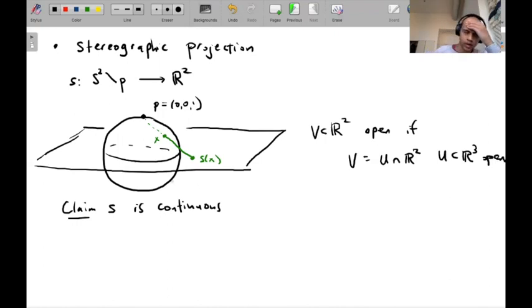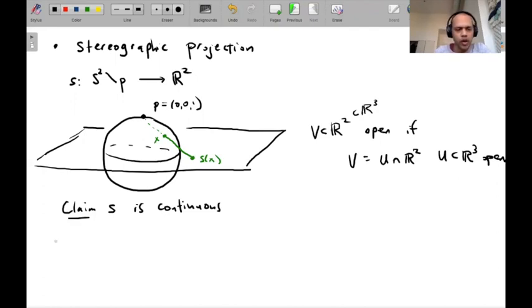Similarly for S2 minus P, this is how you get the open sets. And this topology on R2 sitting inside R3 is the same as the usual topology on R3. I'll let you think about that.